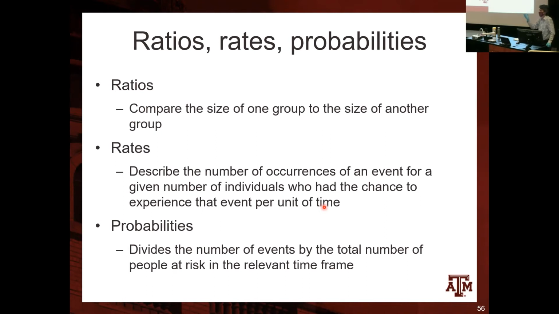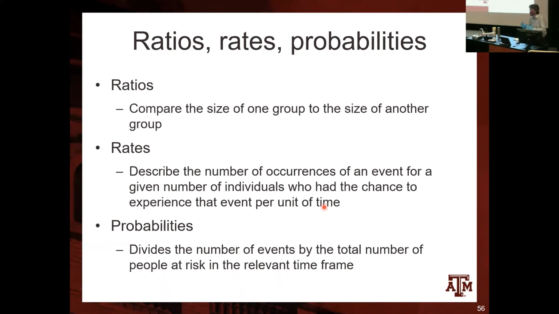So that's the fatality rate. Positivity rate: the denominator has the number of people who got tested for COVID-19. Those people who get tested have a chance of getting a positive test. So that's the positivity rate. Those are all rates.